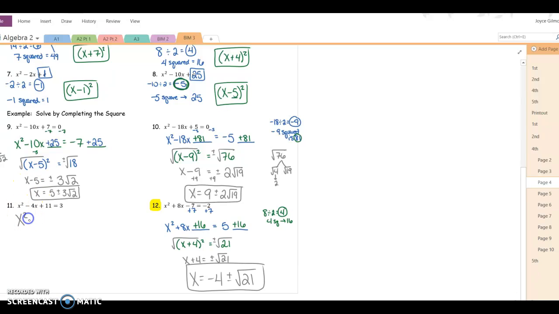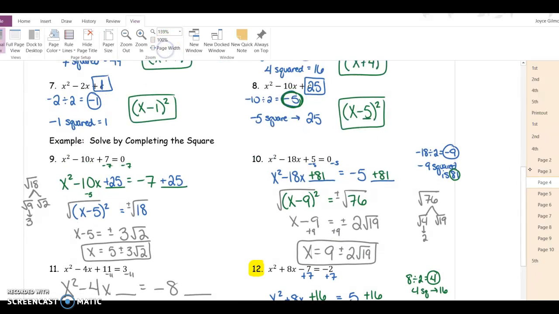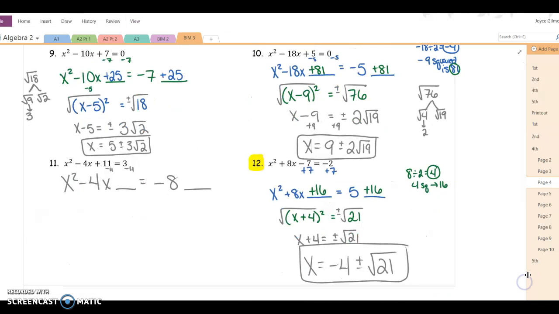So we've got x squared minus 4x blank. We're subtracting 11 on both sides. 3 minus 11 is negative 8. Now, we want to figure out what we need to add on both sides to complete the square. So, half of negative 4, negative 4 divided by 2, is negative 2.